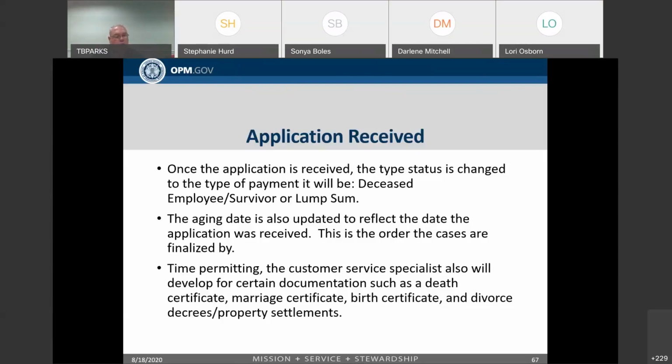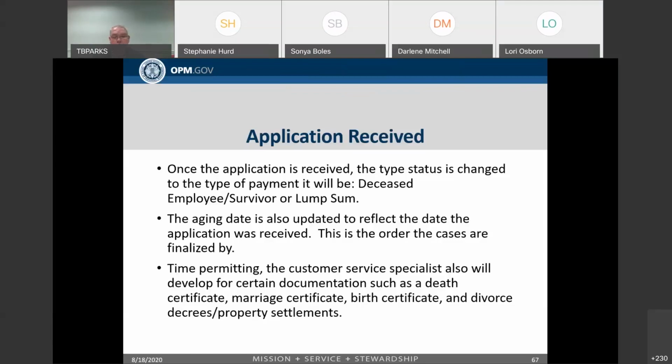So if we had a case for 25 days, but we did not have the application, we can't finalize that case. So as soon as we receive the application, we change that aging date, because that's the only way for us to accurately report how many days it takes us to finalize that case once we have everything we need to be able to finalize it. So that's when the clock would start for our aging date, for our timeliness.